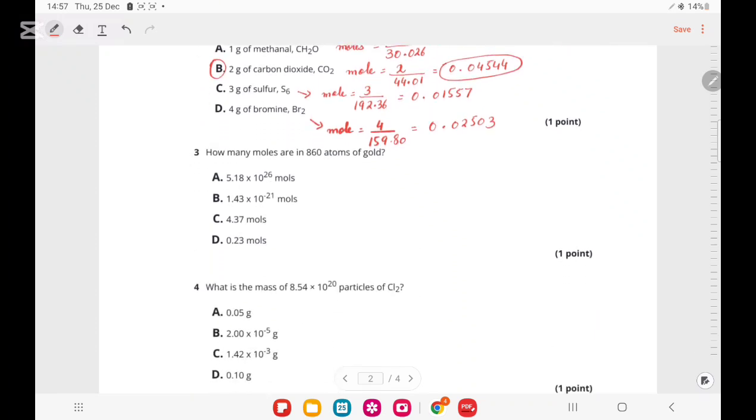After that, we need to find the moles, and we are given the number of atoms there, and number of atoms are 860.